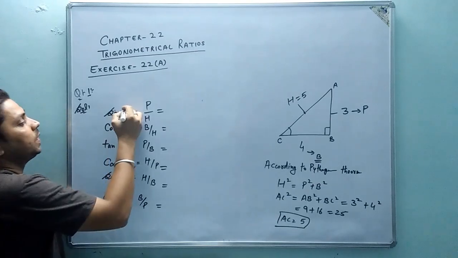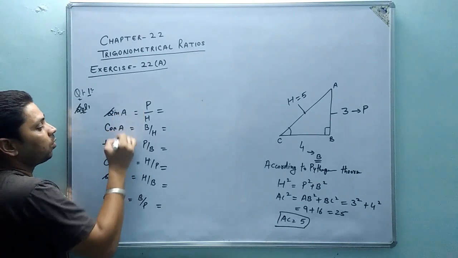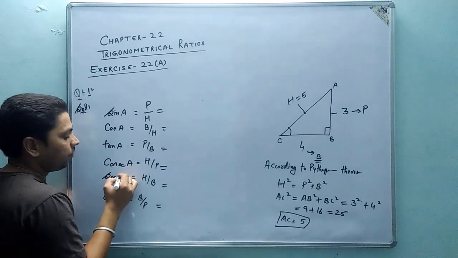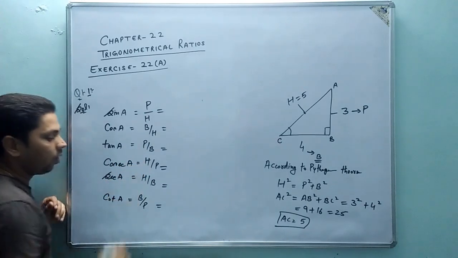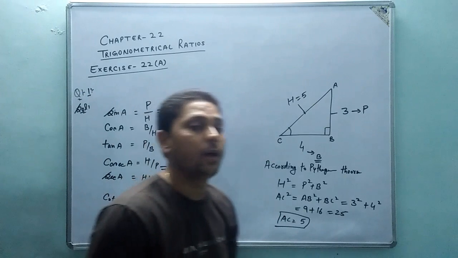See here we have base angle A: sine of A, cos of A, tan of A, cosecant of A, secant of A and cot of A. This is what we have to find.